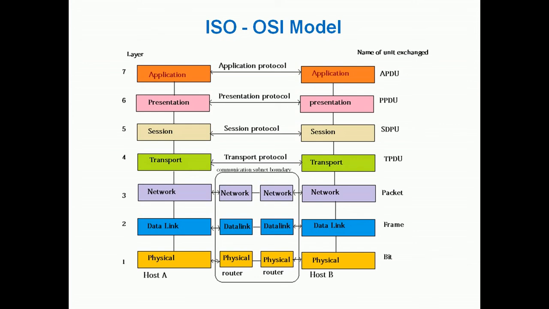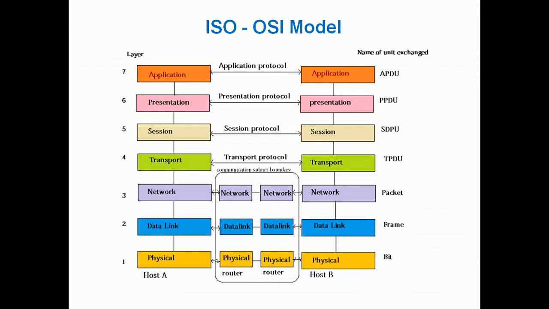The responsibility of the physical layer is the data rate for transferring, how the data will be represented, that is the syntax, which type of topology will be used, the volts for 0 and 1, the line configuration, the communication medium, whether wired or wireless, and the communication mode. These are the functionalities of the physical layer.